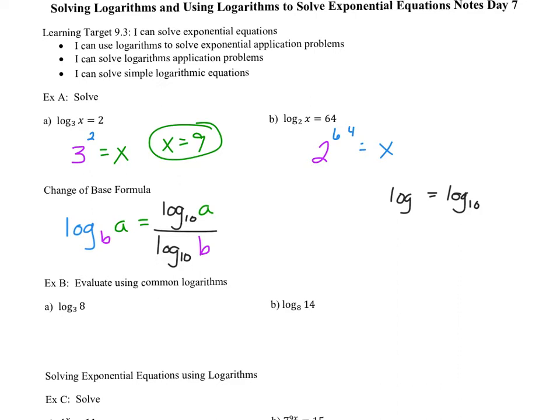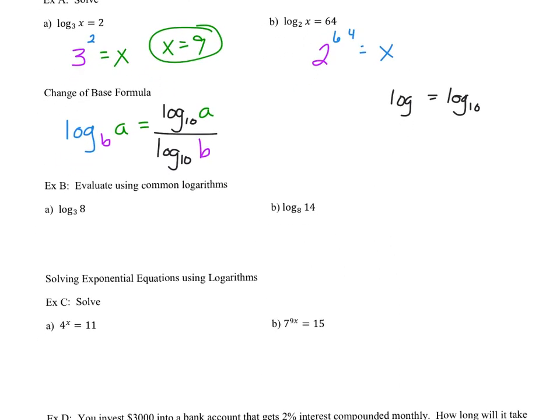So what happens with that is it allows us to take this logarithm with a base that is not base 10 and it gives us a number using log base 10 instead, using this common logarithm. So we can evaluate log base 3 of 8 using our change of base formula.